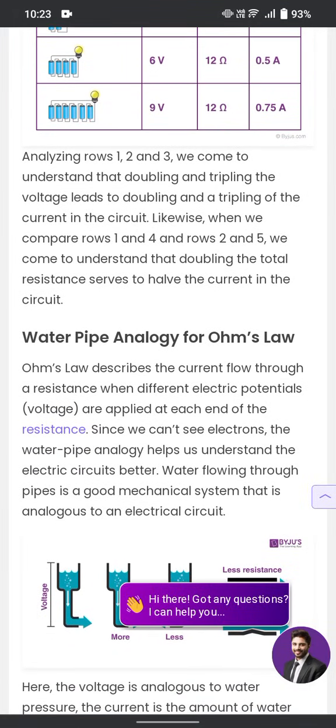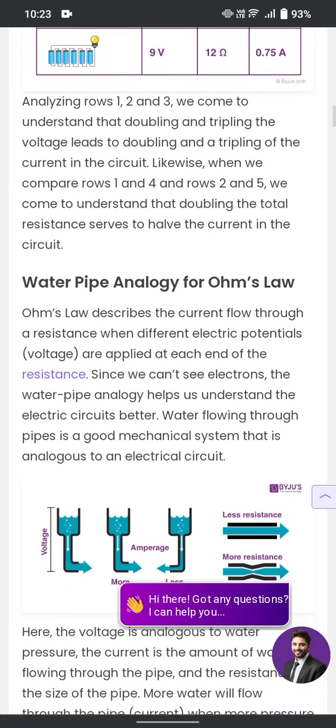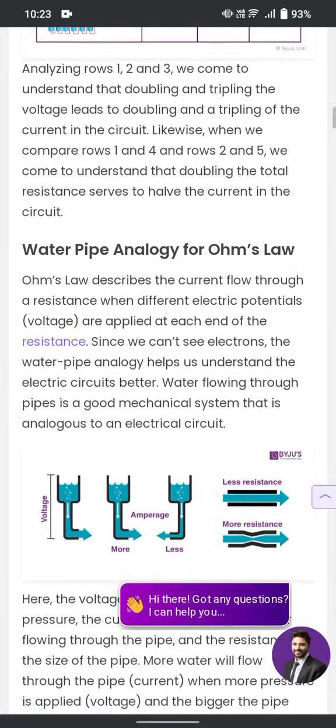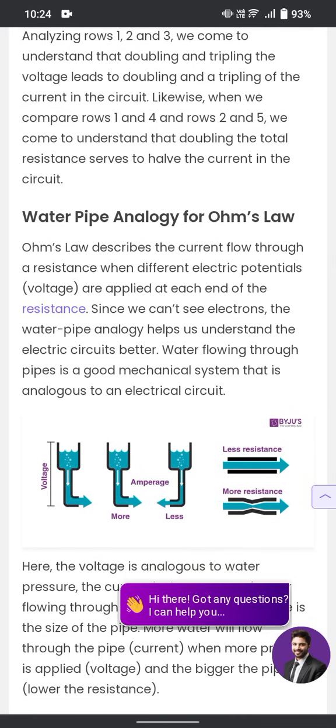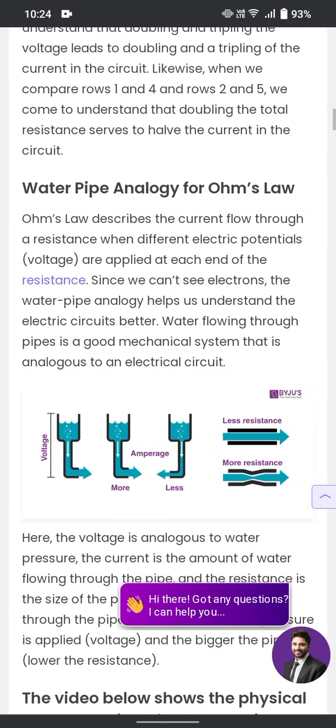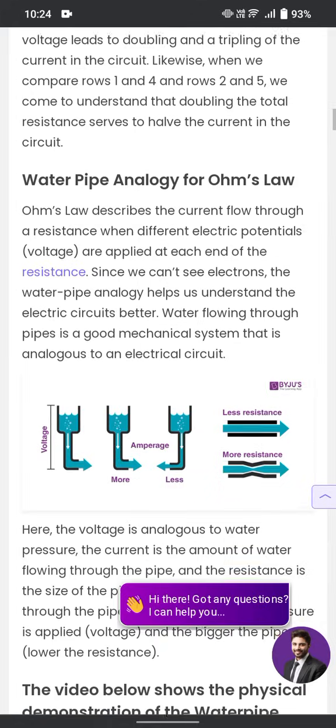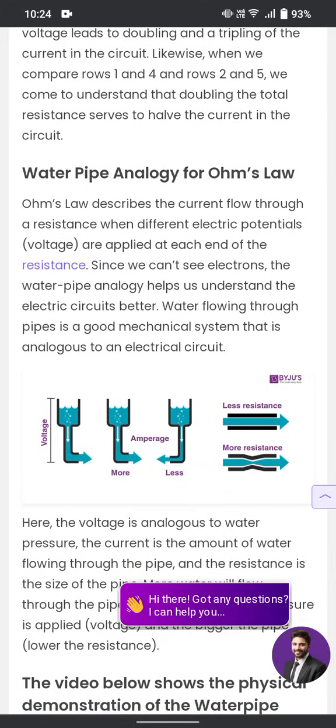Water pipe analogy for Ohm's law. Ohm's law describes the current flow through a resistance when different electric potential voltages are applied at each end of the resistance. Since we cannot see electrons, the water pipe analogy helps us understand electric circuits better.